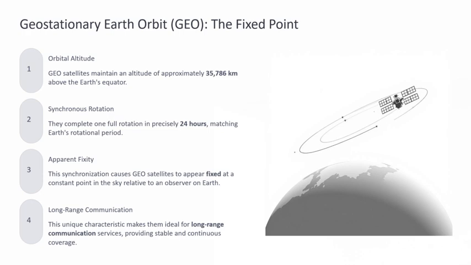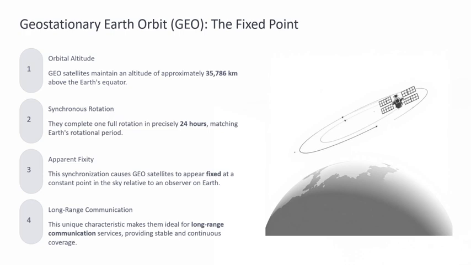That means it stays fixed over the same point on the equator. Because of this property, GEO satellites are widely used for television broadcasting, weather monitoring, and long distance communication. Geostationary Earth orbit means the fixed point.